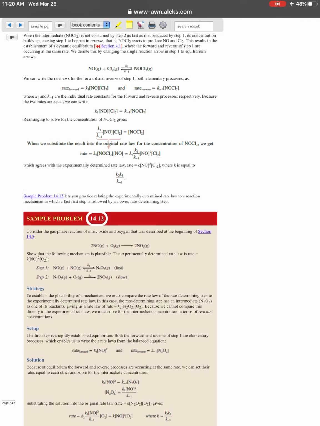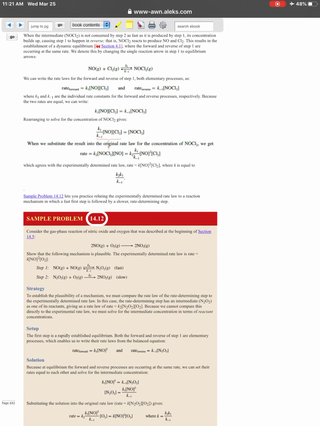When we substitute the result into the original rate law for the concentration of NOCl2, we get rate = k2[NOCl2][NO] = k2(k1/k-1)[NO]^2[Cl2], which agrees with the experimentally determined rate law, rate = k[NO]^2[Cl2], where k is equal to k2 times k1 over k-1.